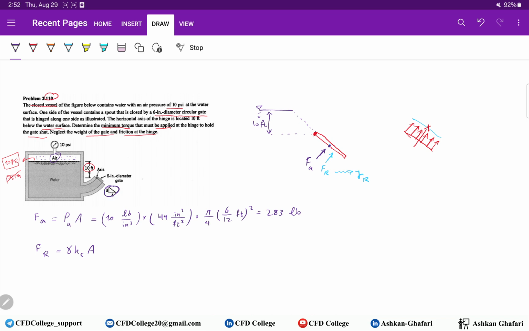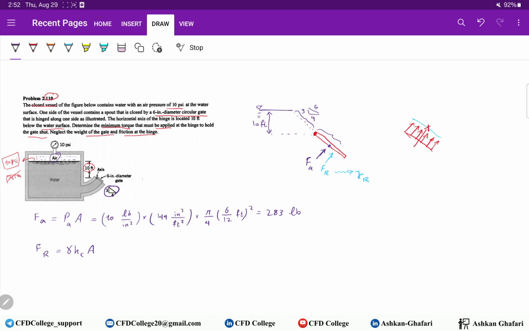This is the hinge and this is 10 feet. So we want to find this distance because we can find this one using the triangle. 3, 4, here is 10 and this is 5.